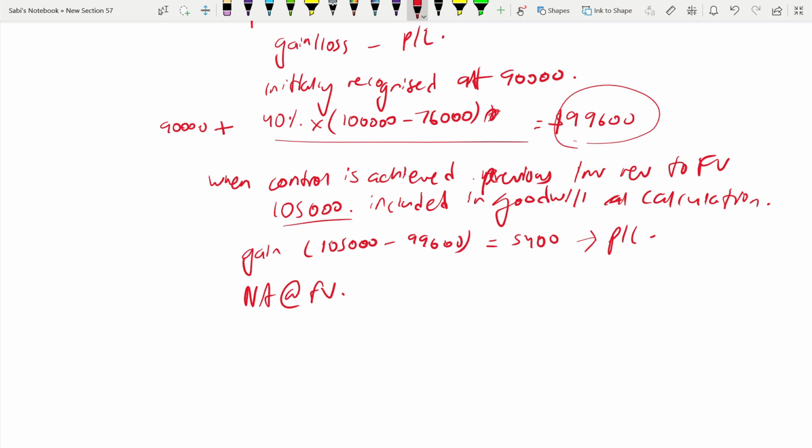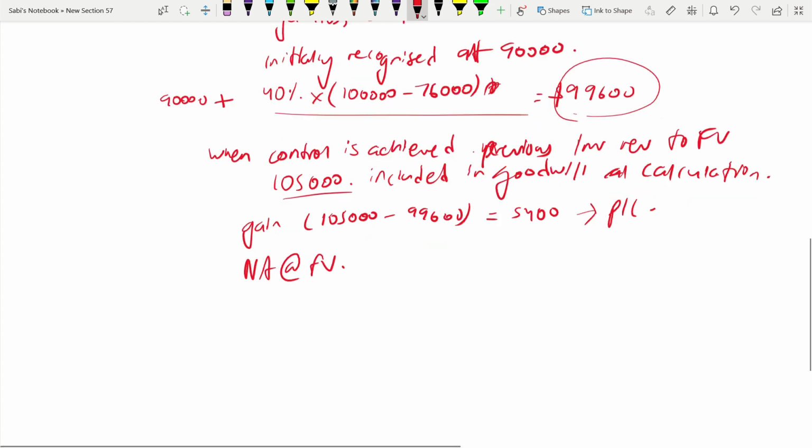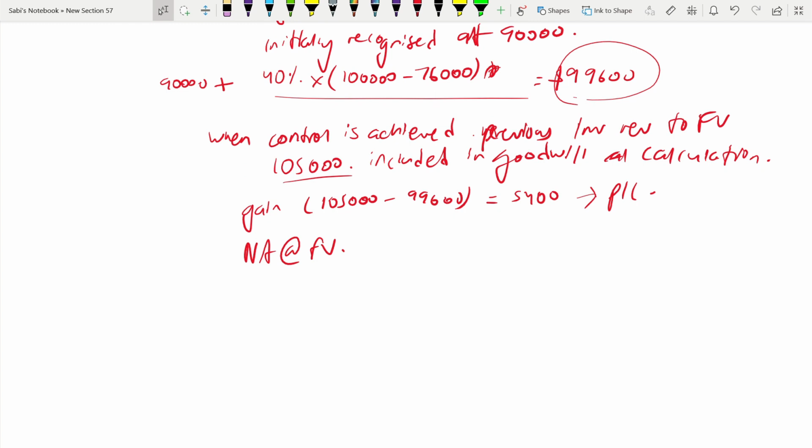Okay. So now we'll calculate the goodwill finally. We'll start with the fair value of previously held interest, or we'll say fair value of associate, because before it was an associate, which is 105,000. Then we have fair value of consideration for additional interest.